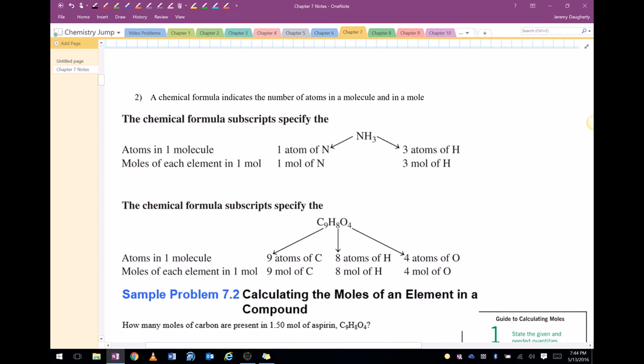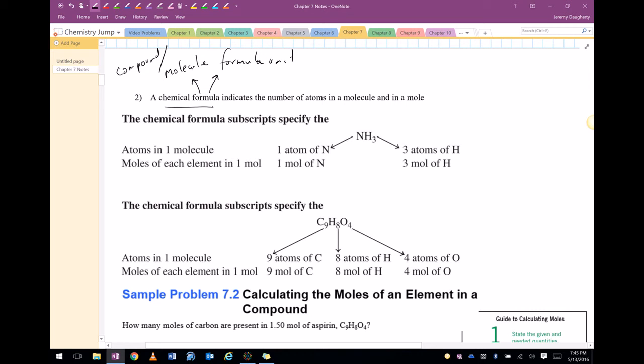And so what you need to know is, again, what you're counting. A chemical formula can either be a molecule or a formula unit, and those are pretty much what we have. We can say a compound as well. Compound and molecule are sort of interchangeable.